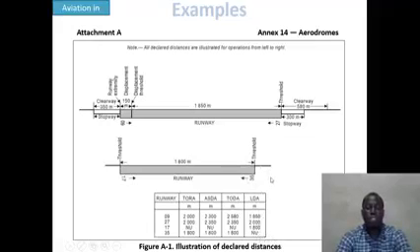For operational reasons, it's not possible to land on runway 35. This is an illustration you can find in Attachment A of ICAO Annex 14 Aerodromes.